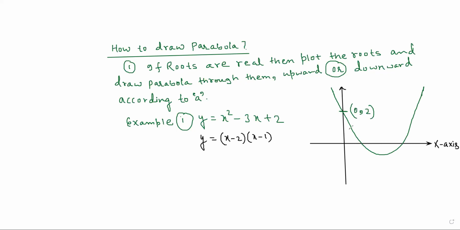And this is root 1, so this is 1 comma 0. And this will be 2 comma 0. So that is the curve of this equation y is equal to x square minus 3x plus 2. Any doubt? Let me know.